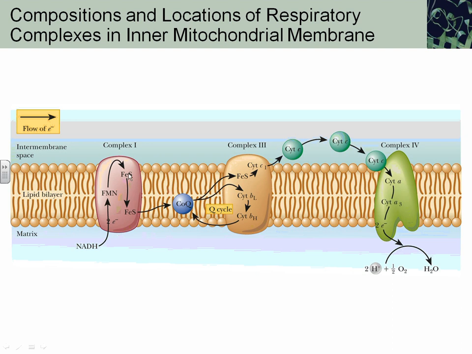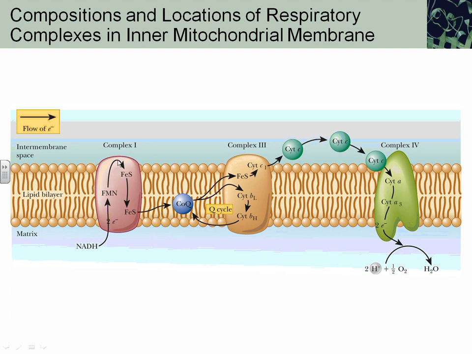As we look at this picture here, it shows you exactly what we were looking at in the last slide with the oxidation reduction reactions, except it is giving you a better idea of how these protein complexes are situated within the inner membrane of the mitochondria. So here comes the NADH, donates the electrons, moves through complex 1.